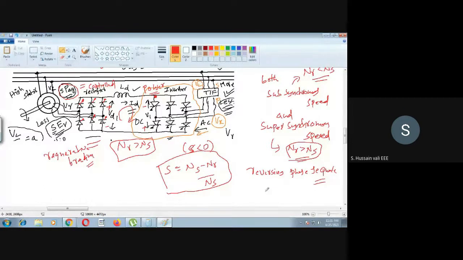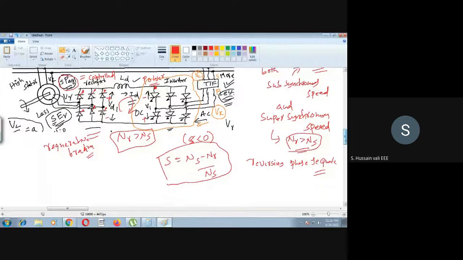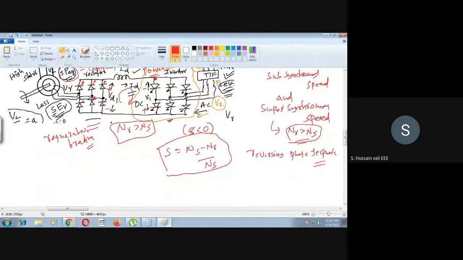If you reverse the phase sequence here, what will happen? NS becomes negative. NS is now negative.